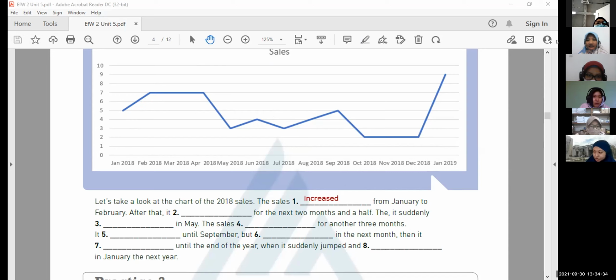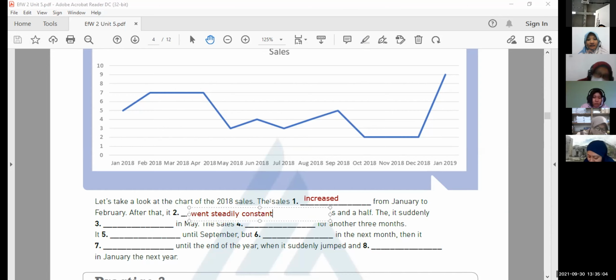The sales increased from January to February, and then number 2, after that, it... I guess she explained about this. Steadily constant. Very good. When steadily constant.